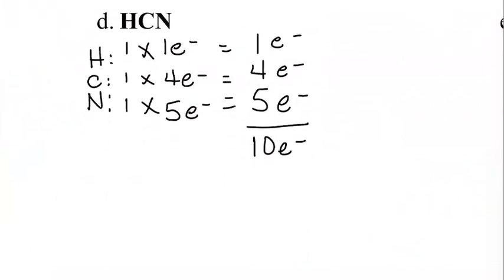Let's go to HCN. Now, the rule of the atom with the least subscript doesn't apply to this molecule. So if we're comparing hydrogen to carbon to nitrogen, which one is the most metallic, meaning that it has a higher metallic character?